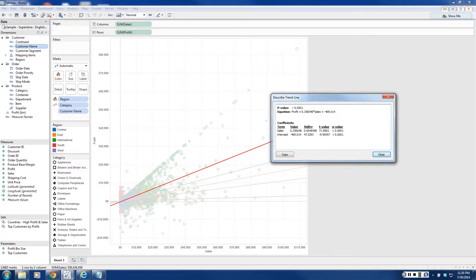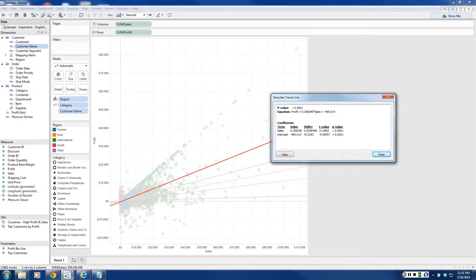We have two sets of p-values: the p-value for the overall equation, and the p-values for the coefficients. The p-value for the overall equation is 0.0001, and the equation is profit equals this times sales plus 469.0919. So this value here, if you recall, is the y-intercept. This value is the slope, and this is the independent variable.